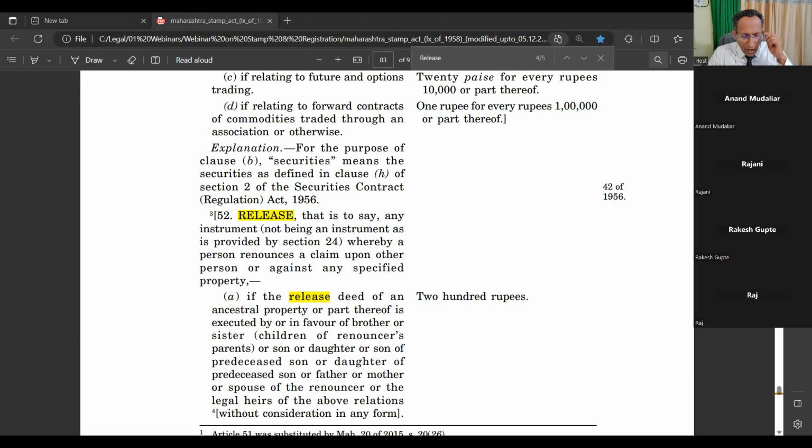Parking is also taken into consideration, and they charge stamp duty for parking also. All those things I will share in the group so that you understand how the valuation is done. The only unfortunate part is that it is in Marathi, but I will share it, maybe not today, tomorrow morning certainly.